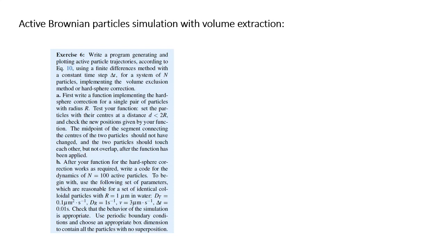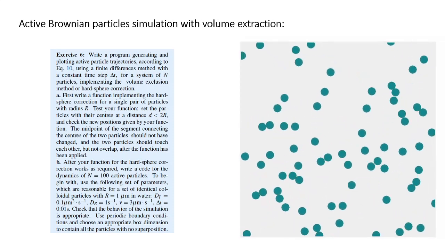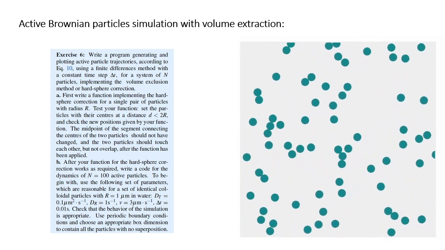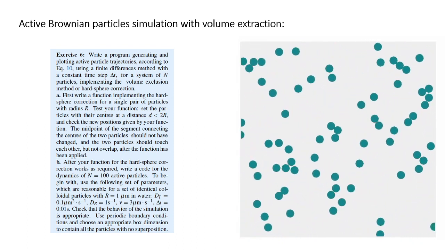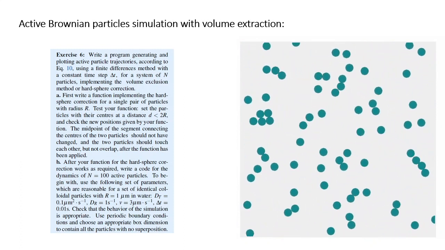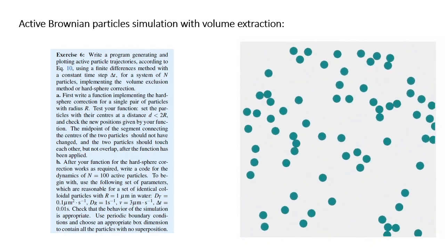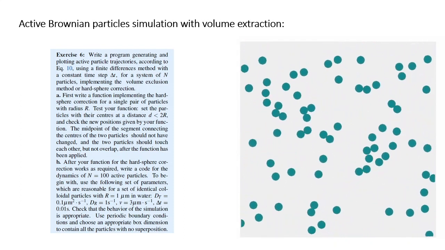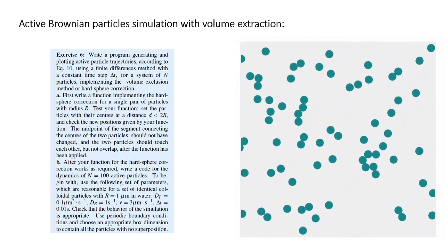And the first thing we're going to need to apply is what we call a volume exclusion. So we have treated all the particles individually so far, but if they are placed in the same environment, they cannot overlap with each other. This can be solved by separating, at the end of each time step, the particles that are overlapping by a certain amount so that they remove the overlap.